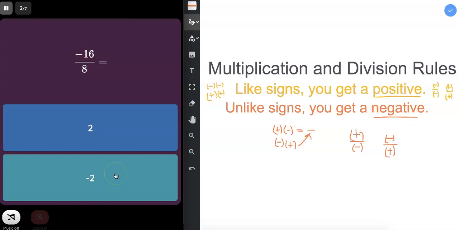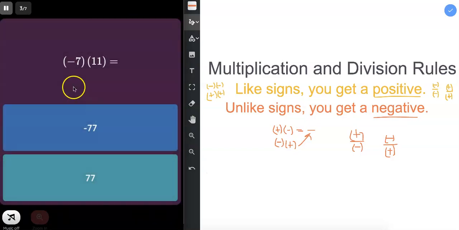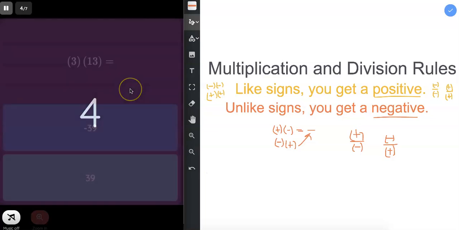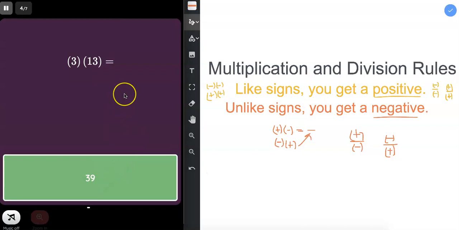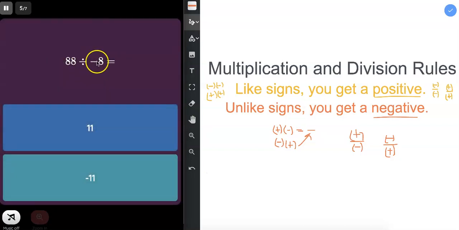So we get a result that is negative. Unlike signs again, unlike signs, you get a negative answer. Like signs, we get a positive 39. Unlike signs, we get a negative.